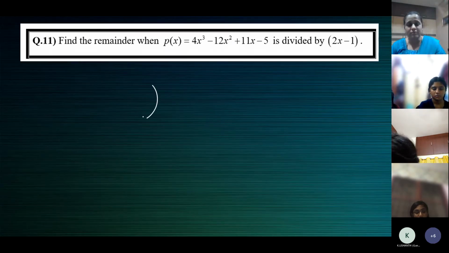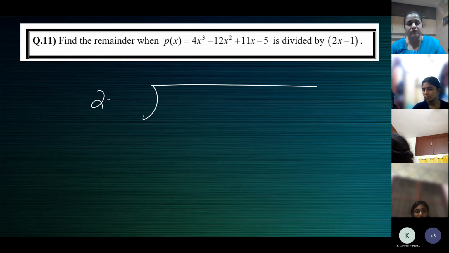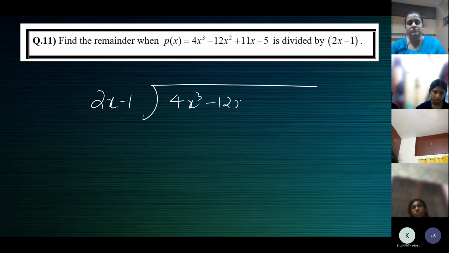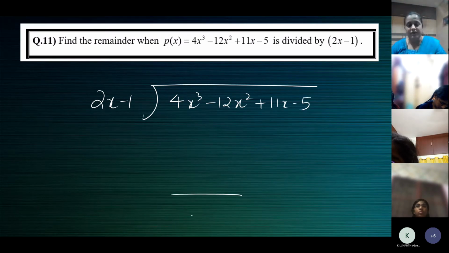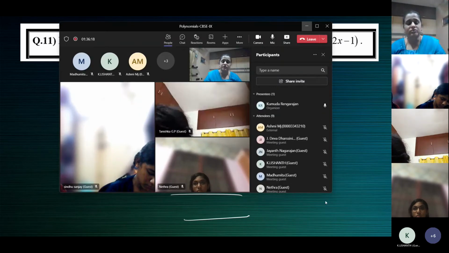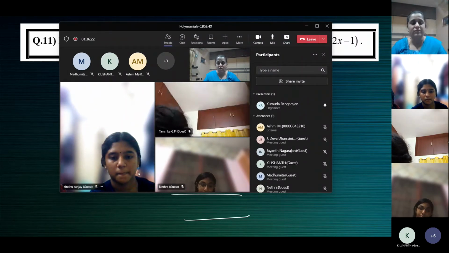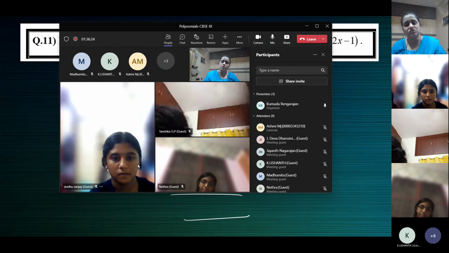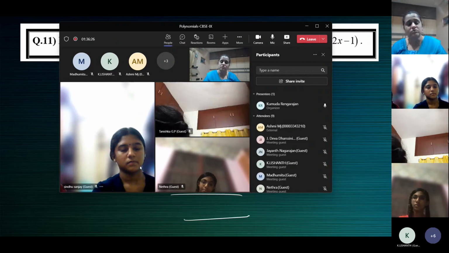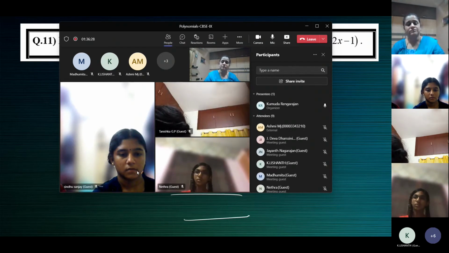When you actually perform the long division, whatever remainder you get, you will get the same thing using the remainder theorem. This I've explained in one of the videos, right, children? I showed you the long division process, we saw the remainder there, and then we also checked it using the remainder theorem.